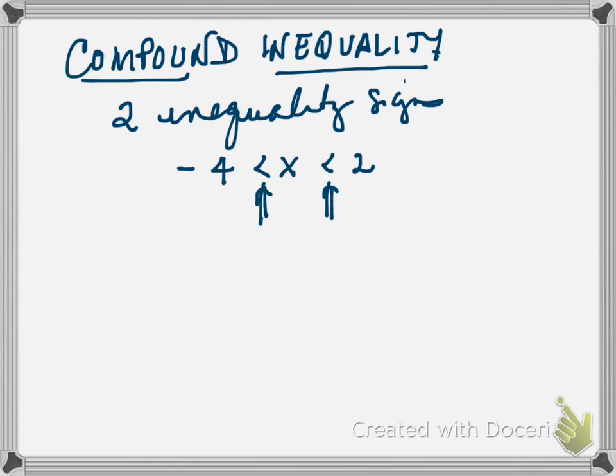Well, using this one as an example, this is really two statements. This really means that negative 4 is less than x, and, you notice my choice of the word and, x is less than 2. Let's take a look at our number line here.